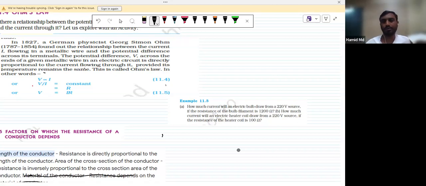What is Ohm's law? Will you repeat it for me? What is Ohm's law?